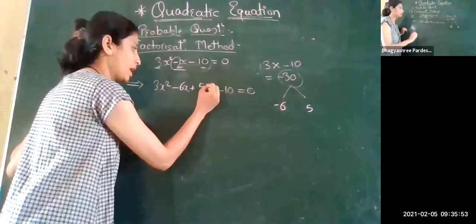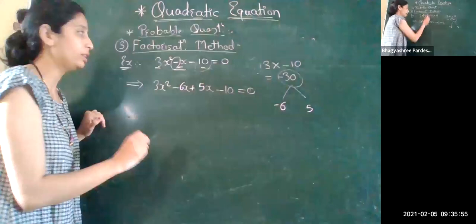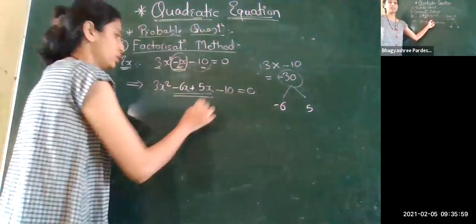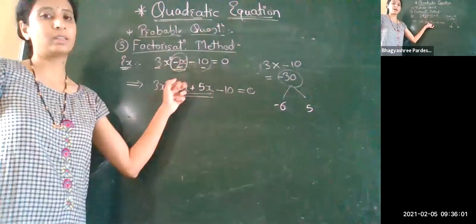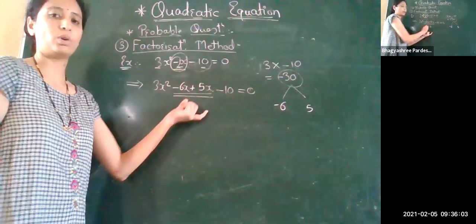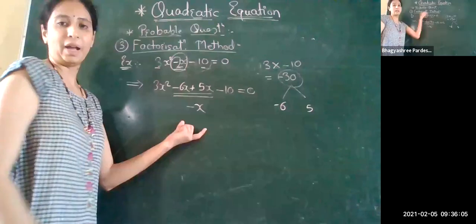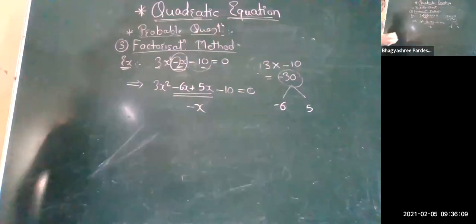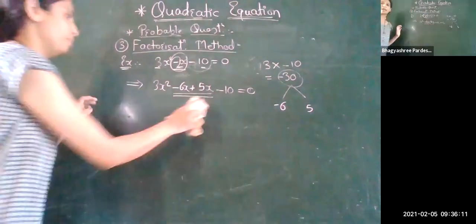What we have done is, instead of this minus x, we have substituted these two, minus 6x plus 5x. Now if we do the addition, we are getting minus x, the same term. So this is the important thing which you have to remember in factorization. Now, what is the next step?